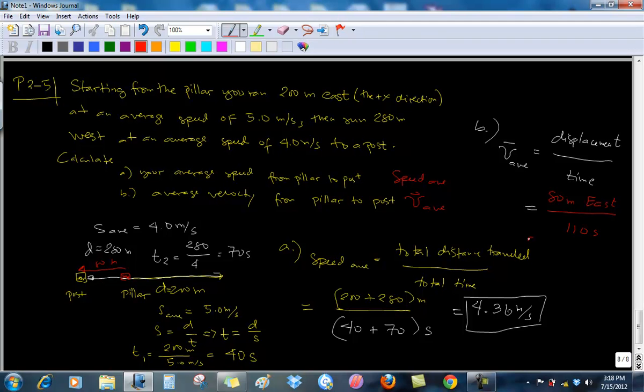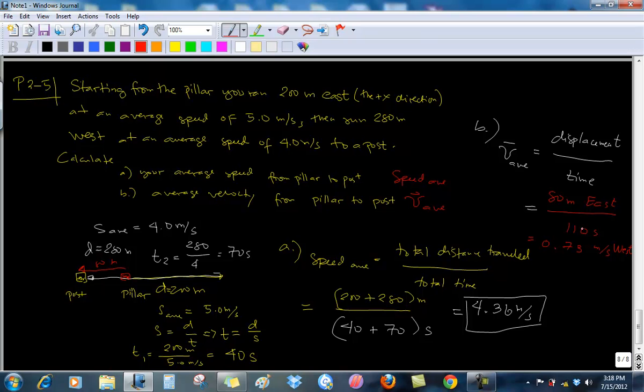And therefore, the average velocity will be 80 divided by 110. 80 divided by 110 will be 0.73 meters per second west, because your direction on your board is toward the west.